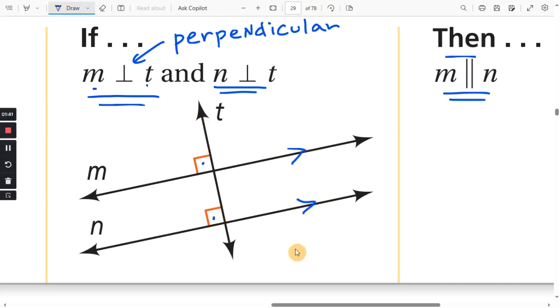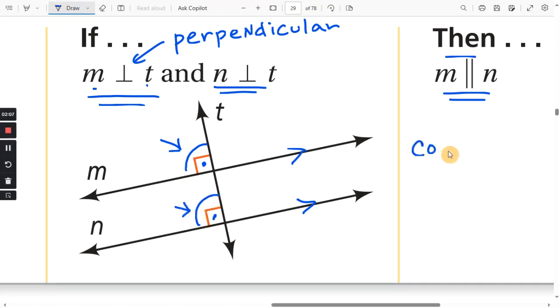And why is that? Well, if you think for a minute, what kind of angles, other than right angles, do we have here for the two right angles? Think about what position they're in. All right, these angles are corresponding. This angle here is on the top left. This angle here is on the top left. Those are corresponding angles.